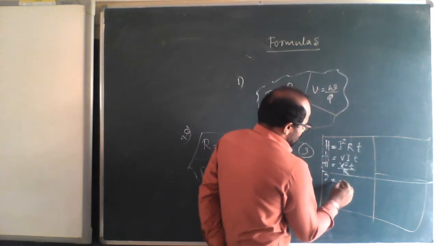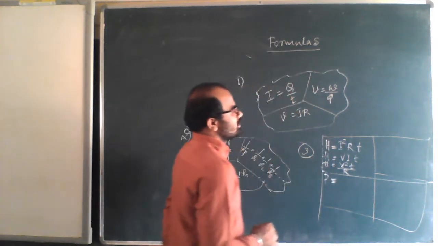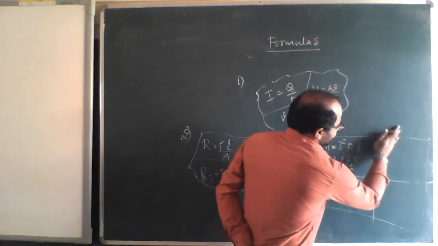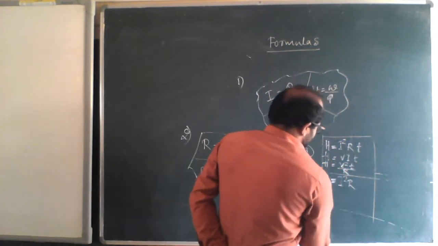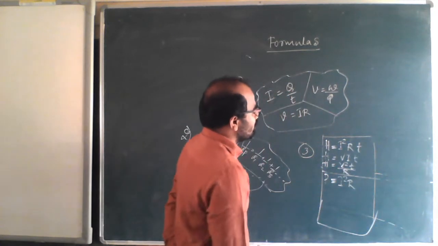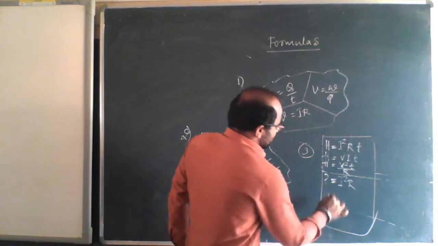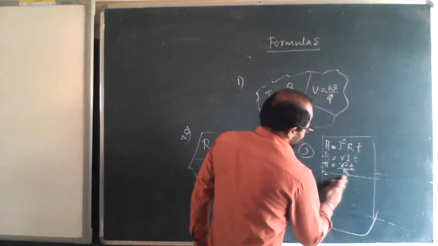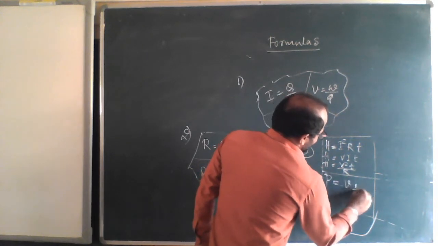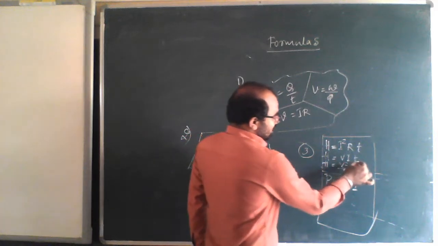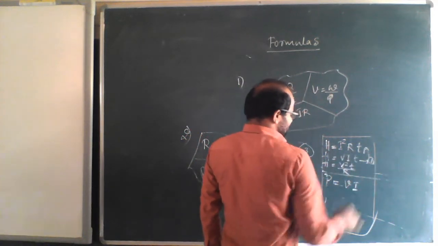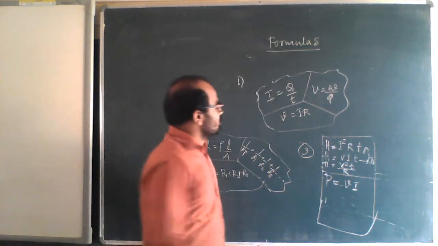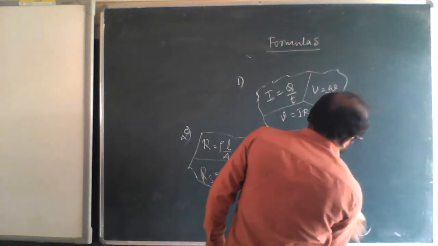This T will go, and what is remaining is I square R. So P is equal to VI is the first formula, and after that you write the others. Okay, so I will write it down.